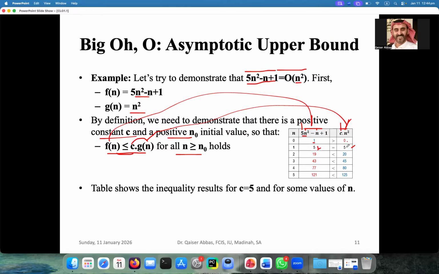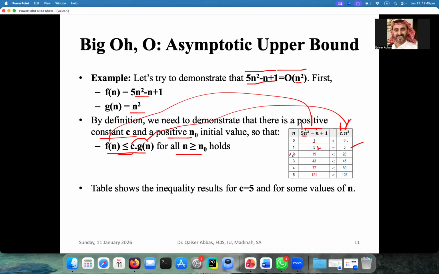For 4, 5 is greater than 4. If I take 5, 5 is equal to 5. So for a moment, I will stop here: my c would be 5. Then this would be 5 and this would be 5, equal. Now check next.